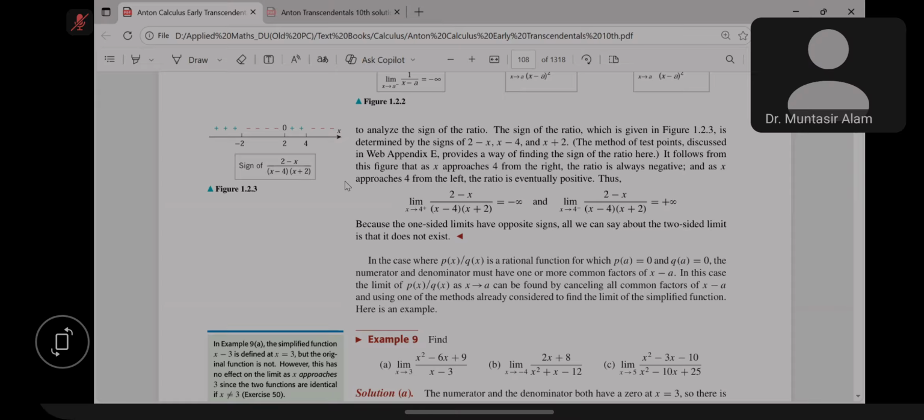If you have your calculator, just copy the function 2 minus x divided by x minus 4 into x plus 2 and then press the calc button. Once you press the calc button, it will ask for the x value. It will ask to put an x value. Okay, can you confirm it right now?